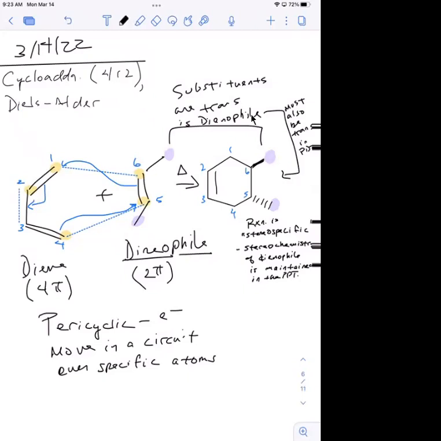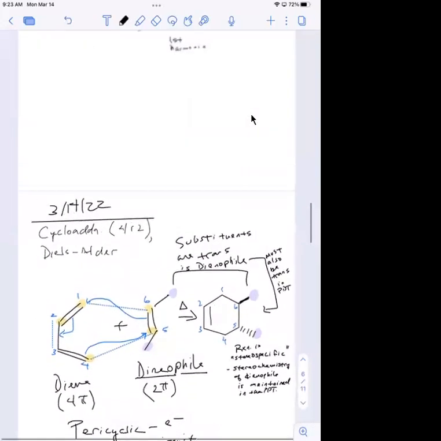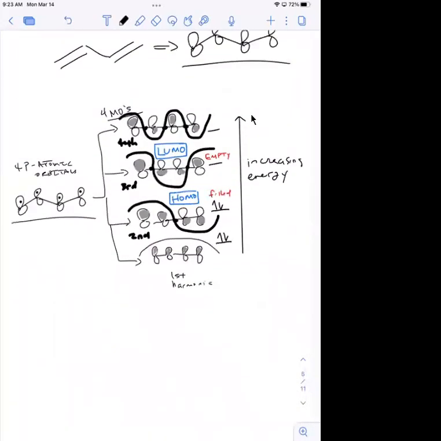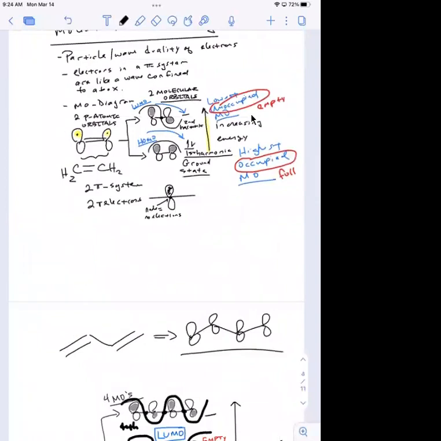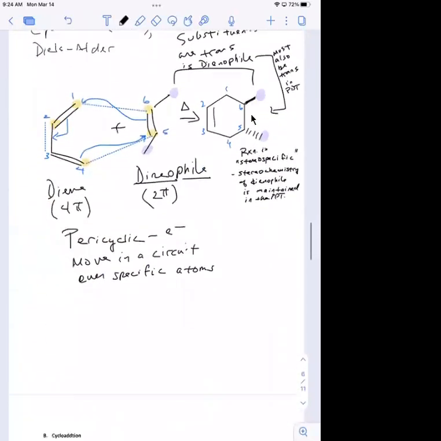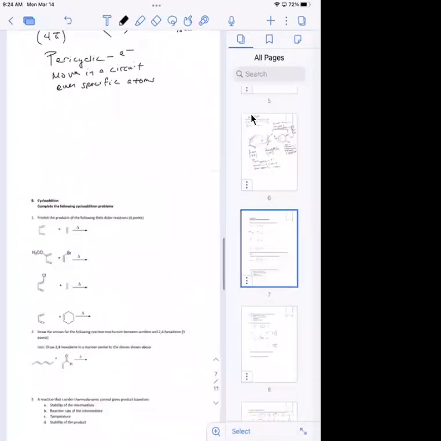All right, so we know that it's a pericyclic reaction. We know that it's stereospecific. There's a way to speed the reaction up, and we're going to talk about that. But first, we have to talk about what's happening in the actual mechanism, like what's reacting. That's why we did the molecular orbital diagrams first. So we know what the molecular orbital diagram looks like for that 4-pi system. We also know what it looks like for a 2-pi system. So with that being said, let's talk about how the reaction actually happens.